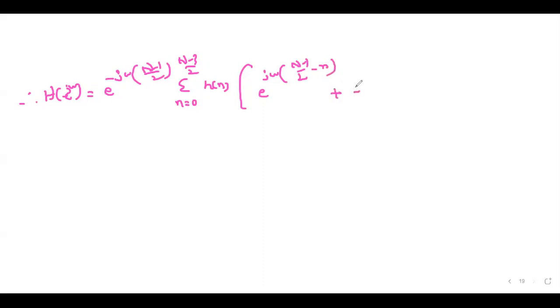From the next term, e^(-jω) you take common, because we need to get e^(jω) one time and e^(-jω) the second time, so I'm taking it like that. So it is (N-1) - 1, so minus n.